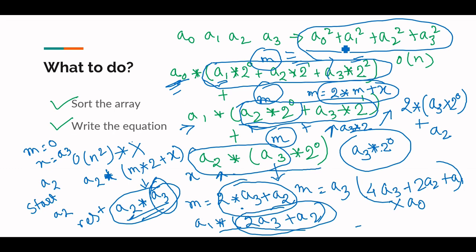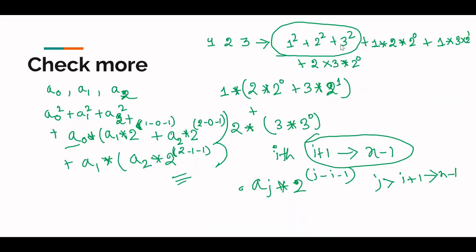Whenever I saw the question, I understood at first glance that I have to do a sorting. So I was able to find the pattern up to this portion. And then when I started from the end, I was able to find the pattern to solve it in order of n.